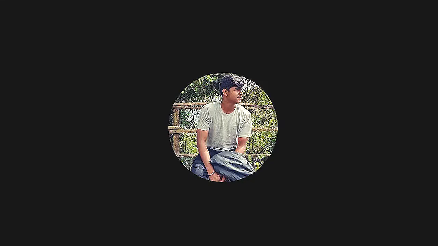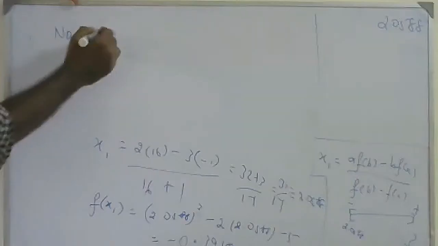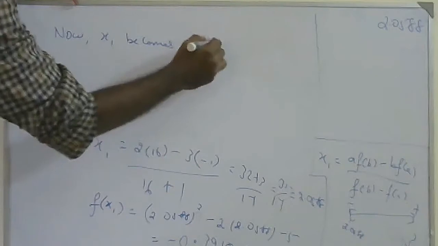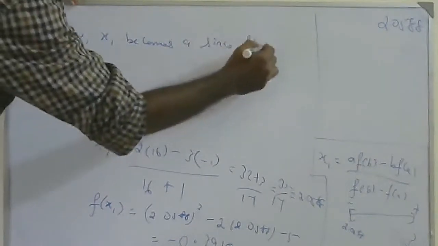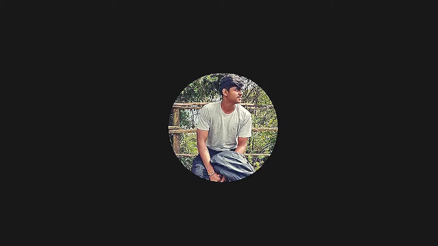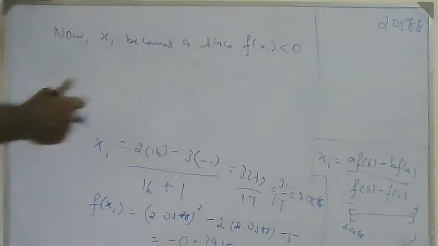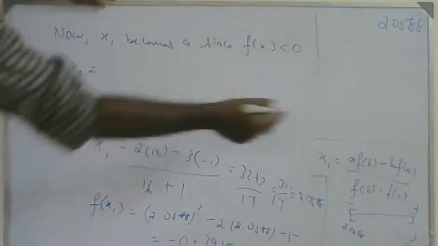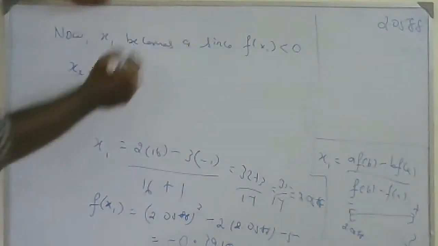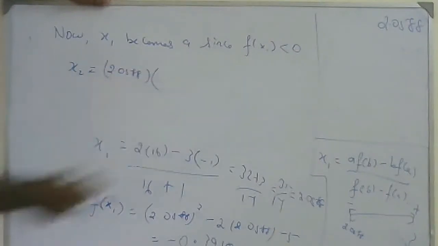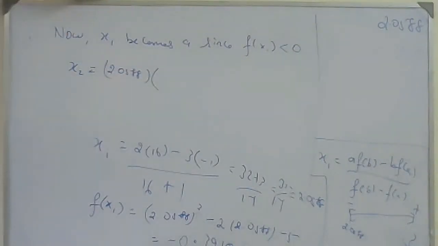Now x1 becomes a since f of x1 is negative. Okay, now x1 has become a. Now again substitute the value. Therefore x2 is equal to, what is the value of a? 2.0588 into f of b. F of b is the same as previous, you have to substitute.